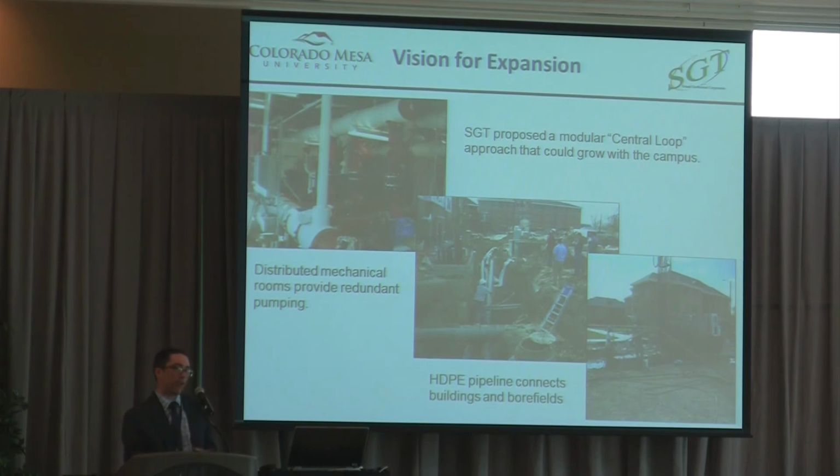So each phase of campus expansion, one of the buildings was designated to have a mechanical system to pump that portion of the loop. And as a result, each wing of this system can be operated independently or isolated and operated independently if required for some reason, if someone went crazy with a backhoe or something like that. You can see they're installing the 18-inch central circulating loop there in the picture with the man standing in the trench.